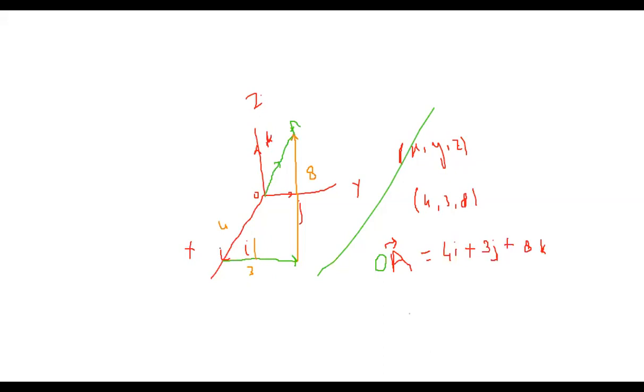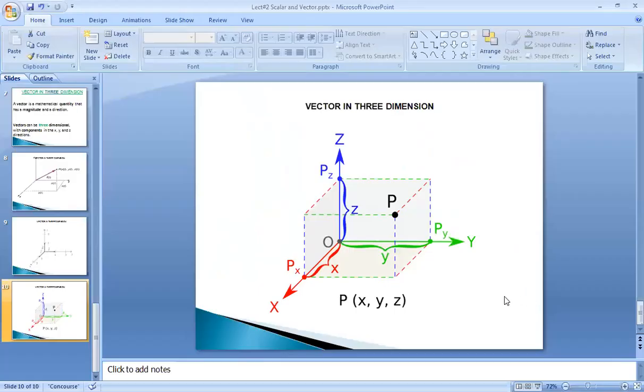I hope you understand this example. In this slide, p is a position vector OP, with px, py, and pz. And in the last slide I have shown the working by taking an example of the ordered pair.